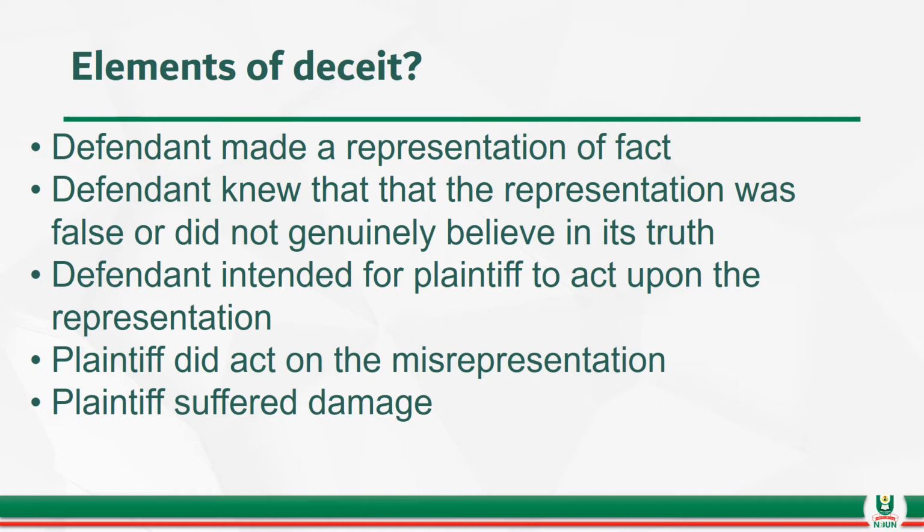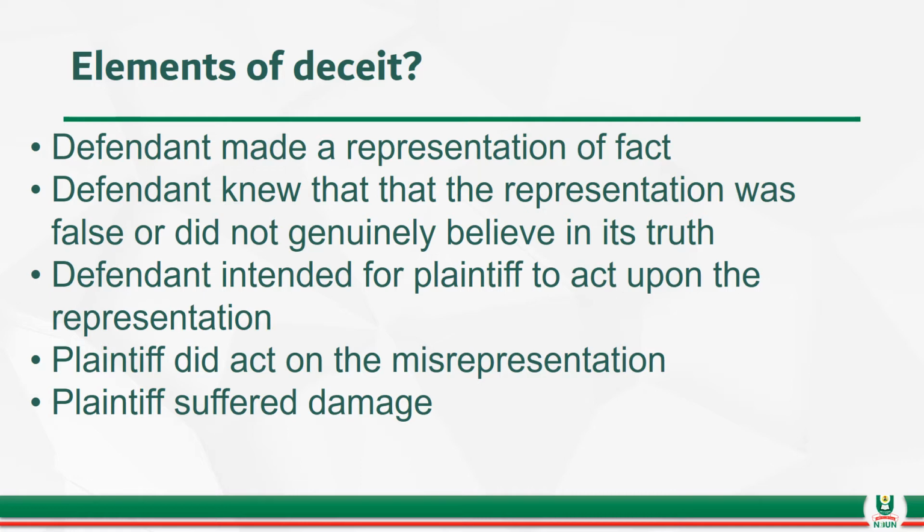So the first is that the defendant made a misrepresentation of fact, right? And then the second element is that the defendant who made that representation knew that the representation was false, or he did not genuinely believe in the truth of the representation he made. Genuine belief will also include carelessness as to the truth or falsehood of that fact. And the third is that the defendant intended for the plaintiff to act upon the representation of fact that he made.